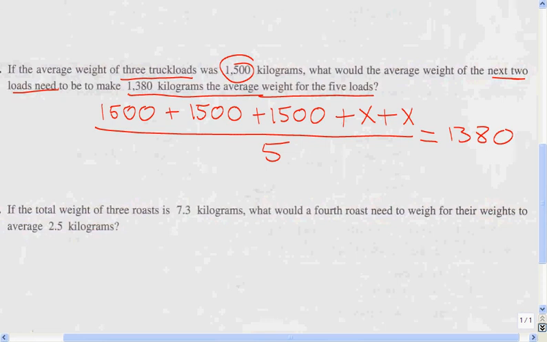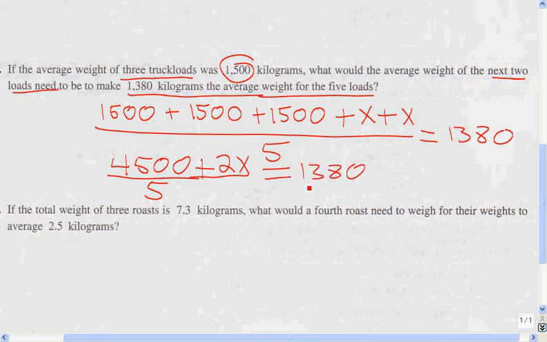I'm going to add 1,500. 1,500 plus 1,500 is 3,000. 3,000 plus 1,500 is 4,500. So 4,500 plus, I'm going to add the 2 x's, 2x, divided by 5 equals 1,380. And again, I'm just going to cross multiply.